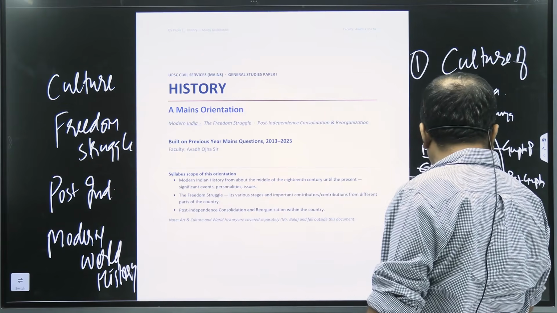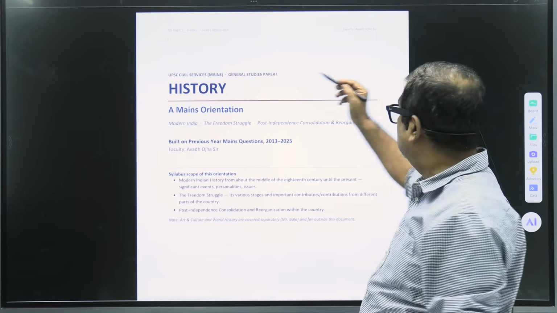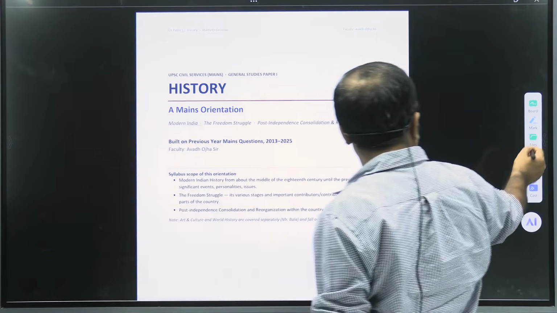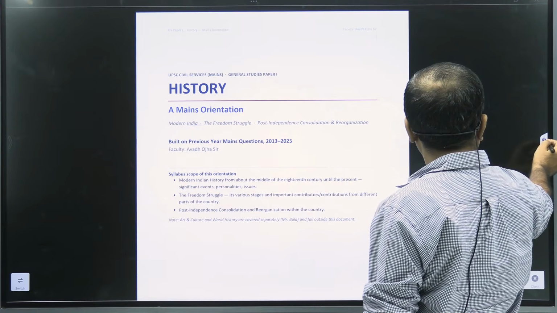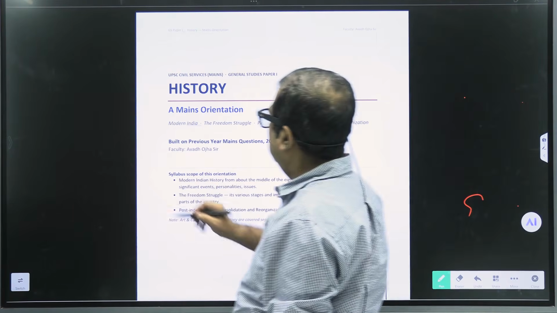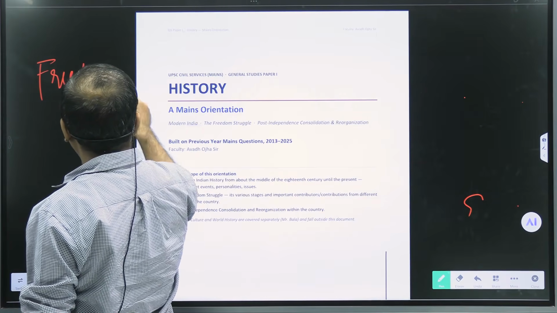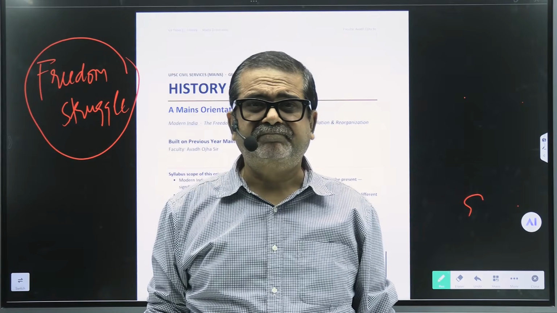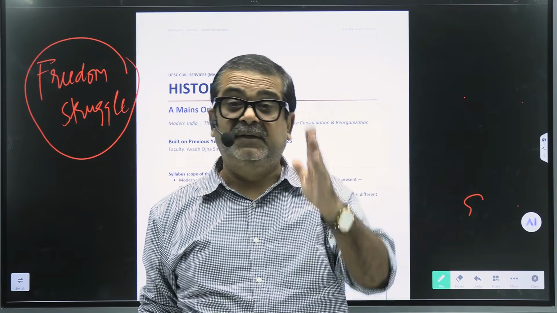Then comes the freedom struggle. This is the part when India as a nation comes into existence (1850s to 1947).